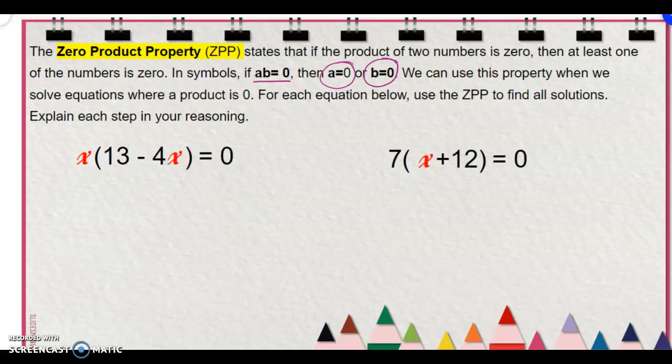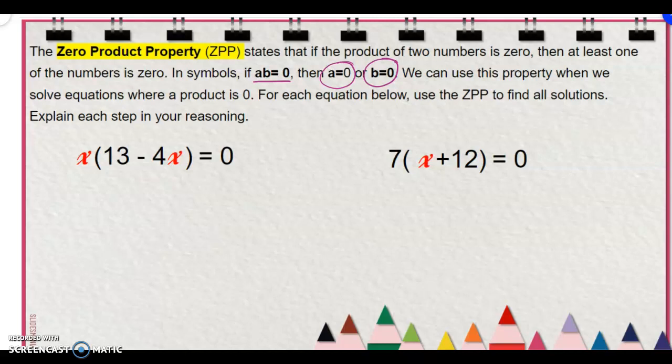We can use this property when we solve equations where the product is equal to 0. Meaning when I have a problem and it's equal to 0, I'm going to use the zero product property. So for each equation below, use the ZPP to find all the solutions.